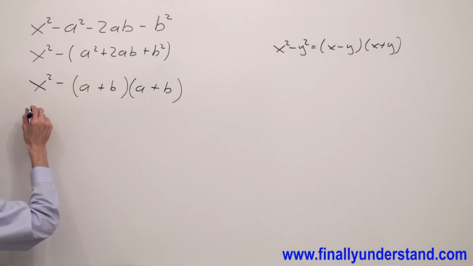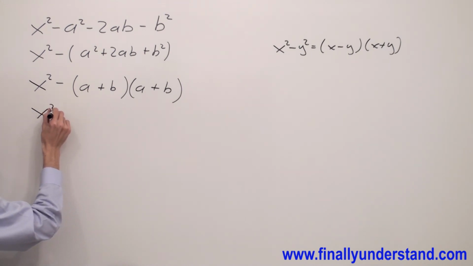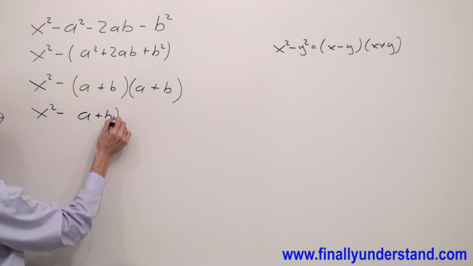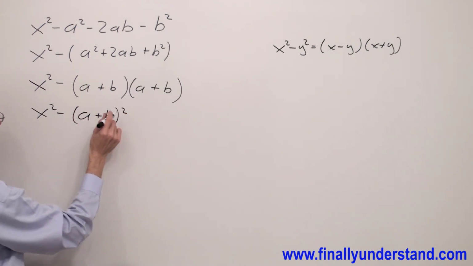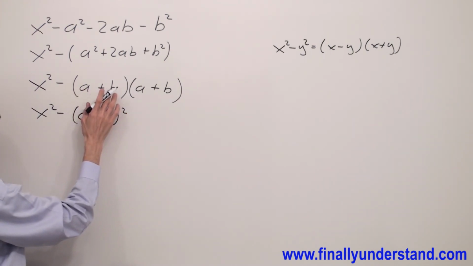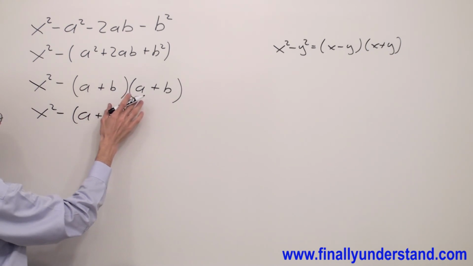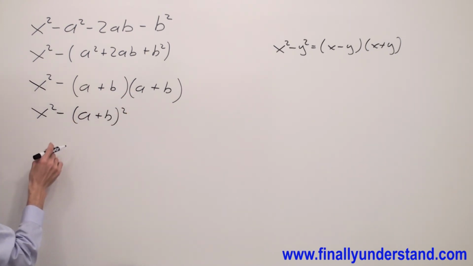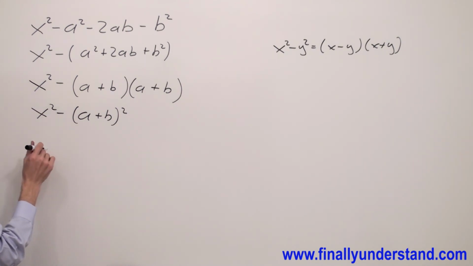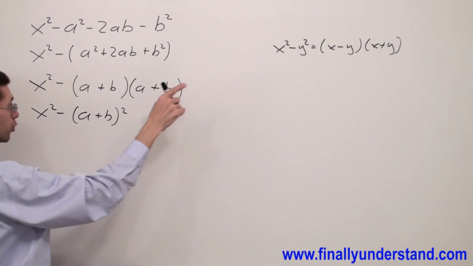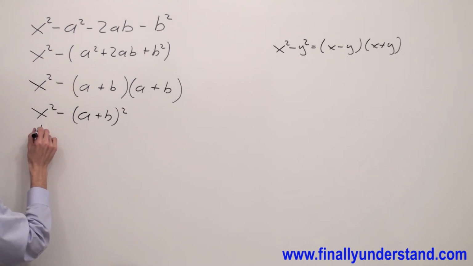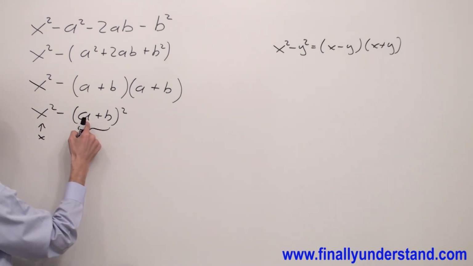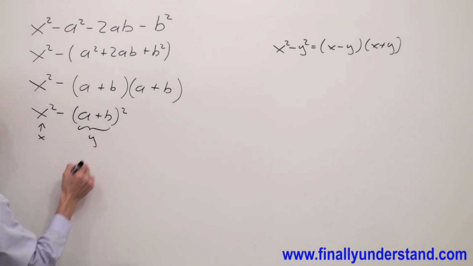Next, we're supposed to rewrite this expression as x squared minus (a plus b) to the second power. Why? Because a plus b times a plus b is a plus b to the second power. As you can see, this is nothing else but the difference of two perfect squares, where this is going to be my x and a plus b is going to be my y.